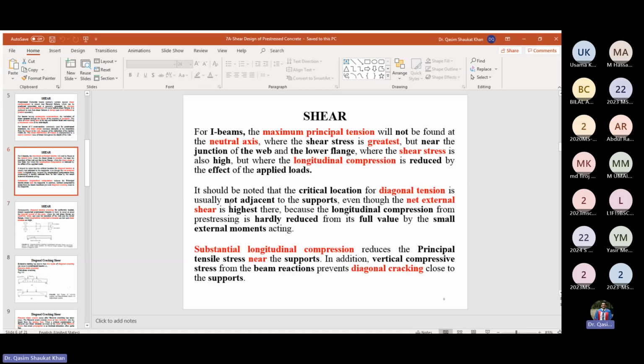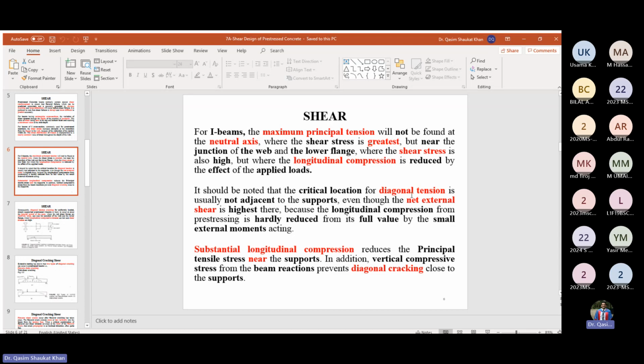So it should be noted that the critical location for diagonal tension is usually not adjacent to the supports, even though the net external shear is highest there, at d/2. The shear is highest at the distance d/2 from the face of the support.